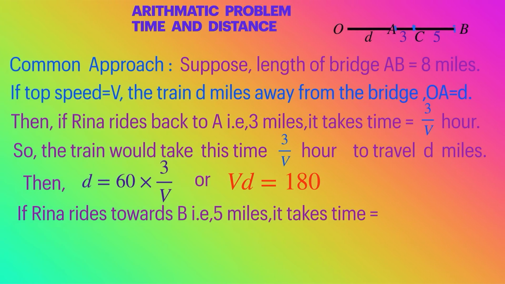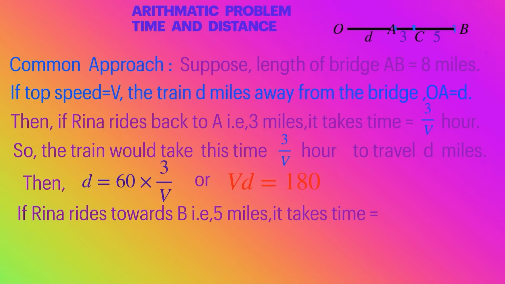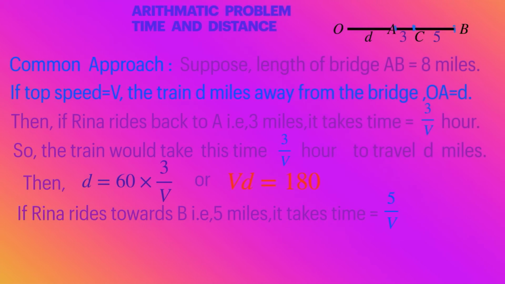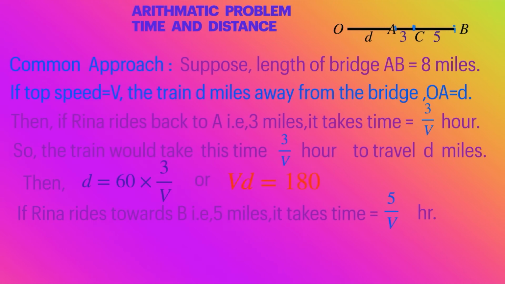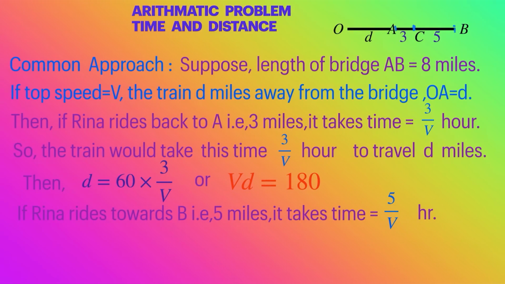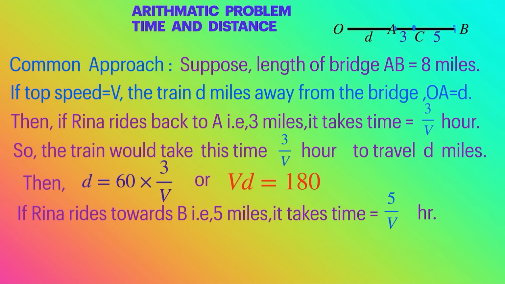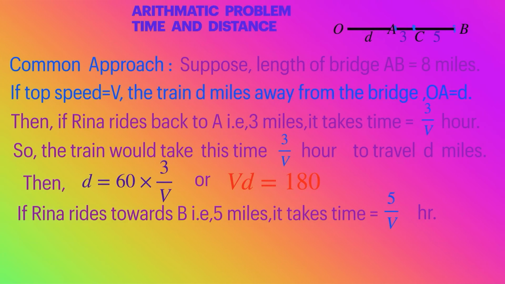So Rina would take the time equal to 5 by v hour, because Rina's velocity is v and the distance equals 5 miles. So 5 by v hour will be the time that Rina would take.